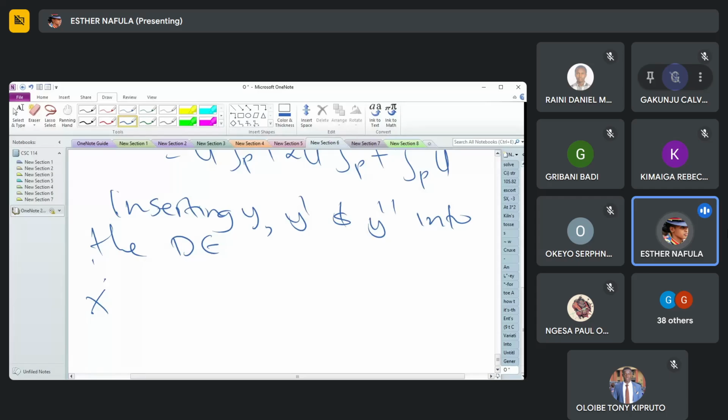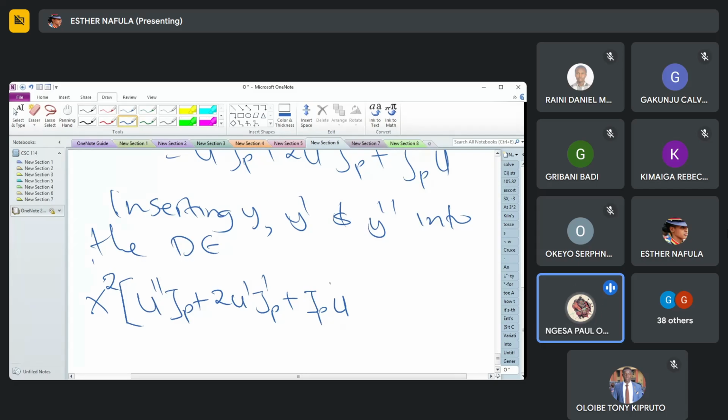So we have x squared times our y double prime, which is u double prime Jp plus 2 u prime Jp prime plus, what is this term? Jp double prime u.